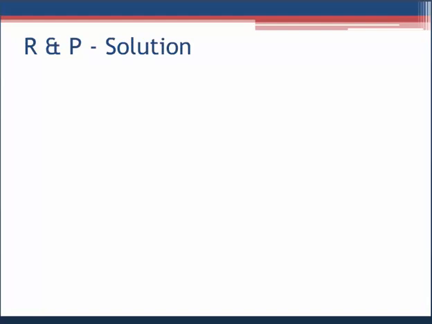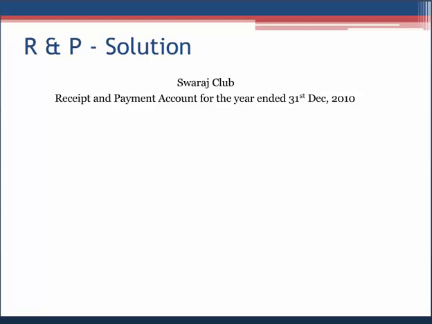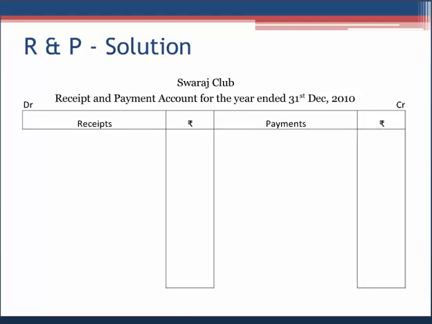Check your answers, guys. Now here is the solution in front of you. On the top line, the name of the club, that is Swaraj Club. Then we have the receipt and payment account for the year ended 31st December 2010. The receipt and payment account will have two sides, the debit and the credit. Debit the receipts and credit the payments.